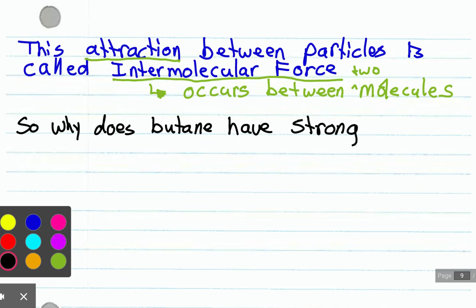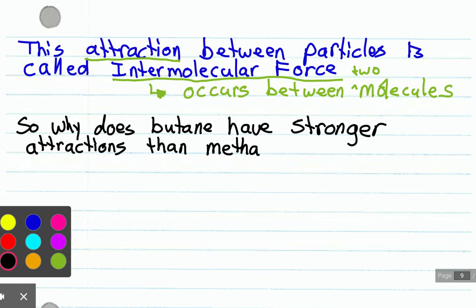And we know it has to have stronger attractions because the particles are closer together, making it a liquid. There has to be something going on because they're both just made up of carbon and hydrogens.